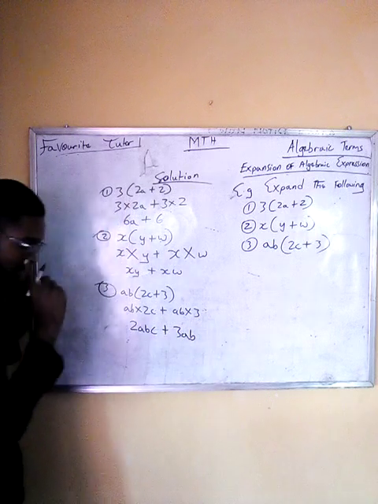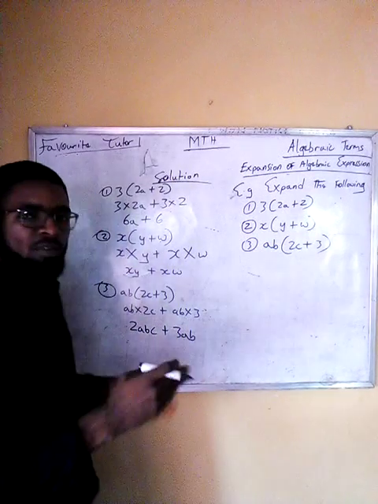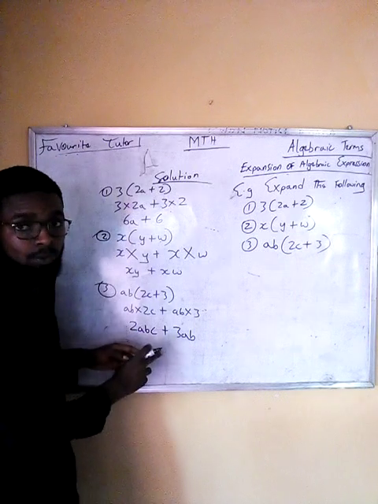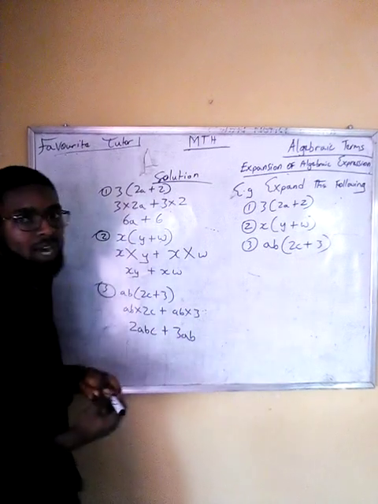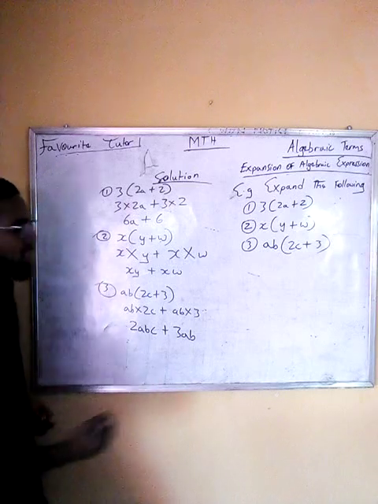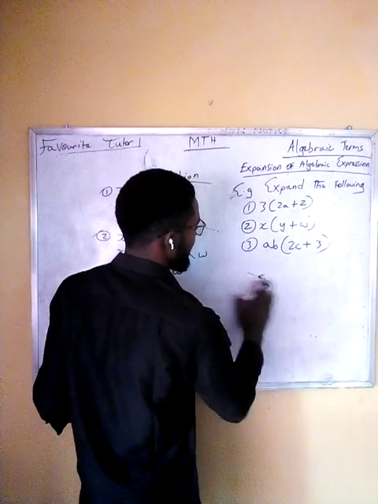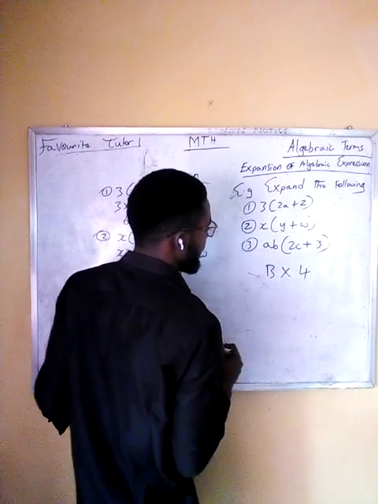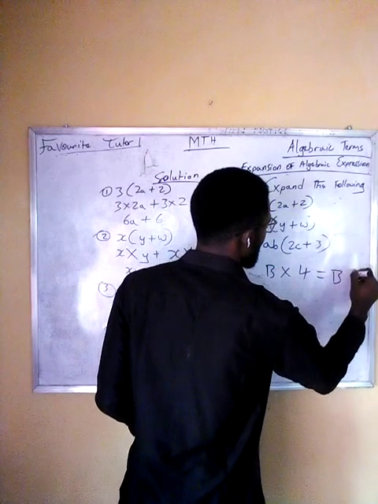3ab. Now, in mathematics, in the order of arrangement, the number comes first before the variable, and the letters must be arranged alphabetically. More like if I say b times 4, this is not equal to b4.